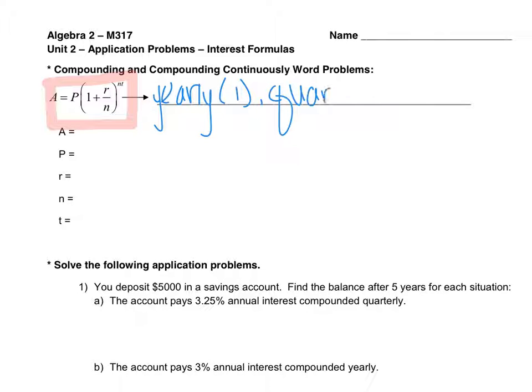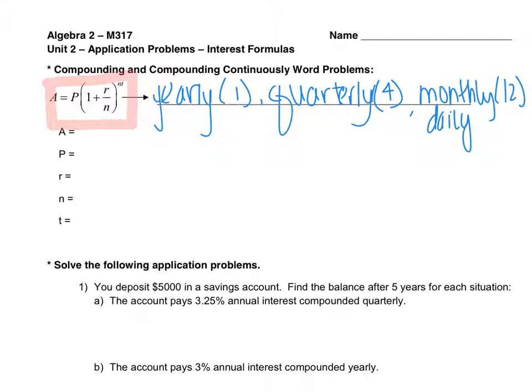Quarterly, think about quarters, that's going to be 4. Monthly, well, how many months are there in a year? 12. And if we have daily, then that's 365.